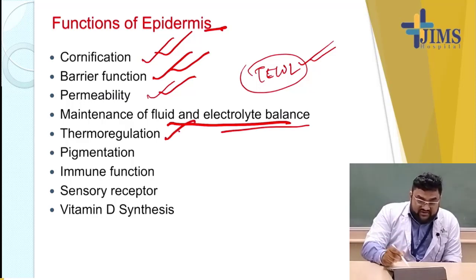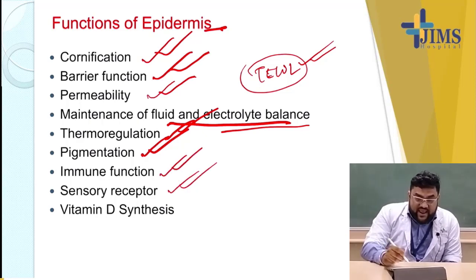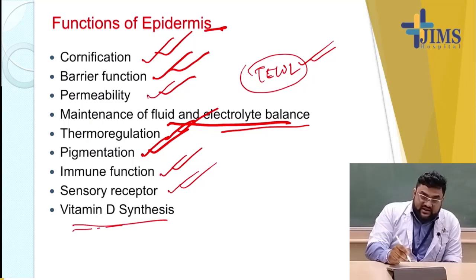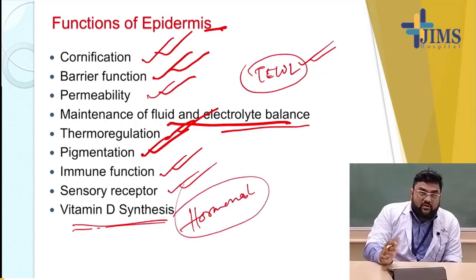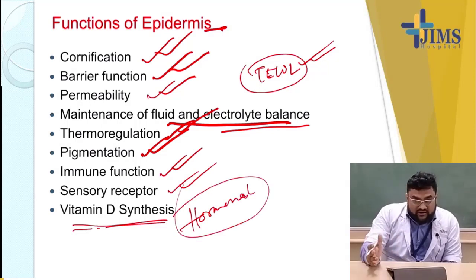We have thermoregulation, the pigmentation of the skin, the immune function, sensory receptors, and obviously vitamin D synthesis. Now, as vitamin D is considered a hormone, skin is basically one of the biggest hormonal, endocrine organs of the whole body. It is the biggest. Skin itself is an organ, remember that.